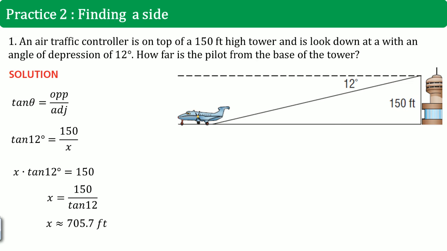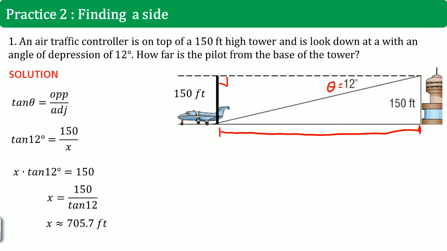Okay. You have theta here is 12 degrees. Please understand that you can mirror this triangle this way. So the height here is still 150 feet. What you have here is you're trying to find this part here.